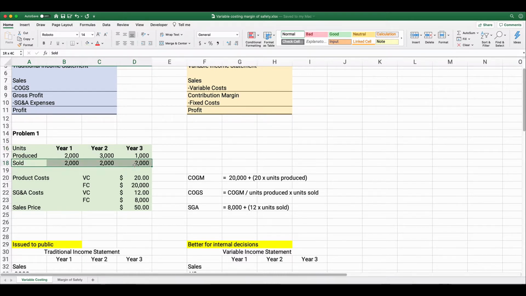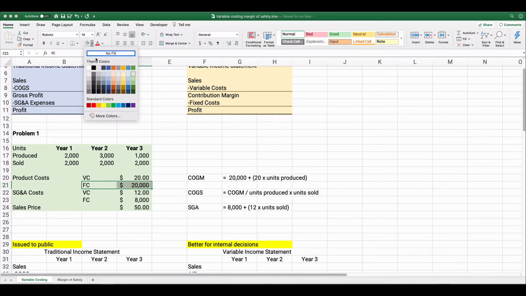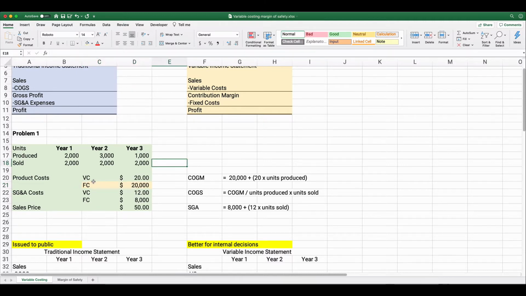We're building a little problem that shows the difference in how these two methods, variable costing and traditional or full costing, deal with the total fixed cost for our products. So I'm going to highlight this and say the difference is how we handle fixed product cost.